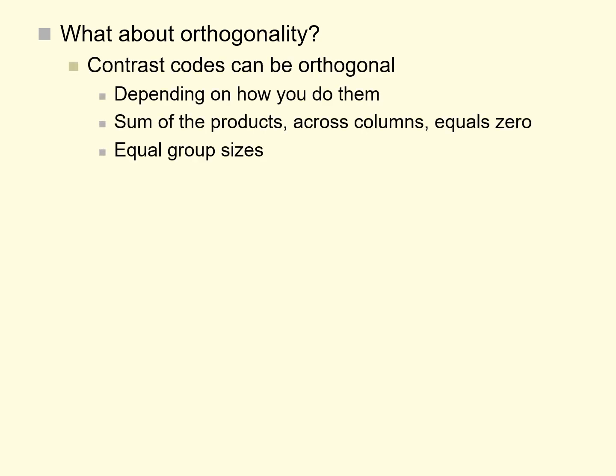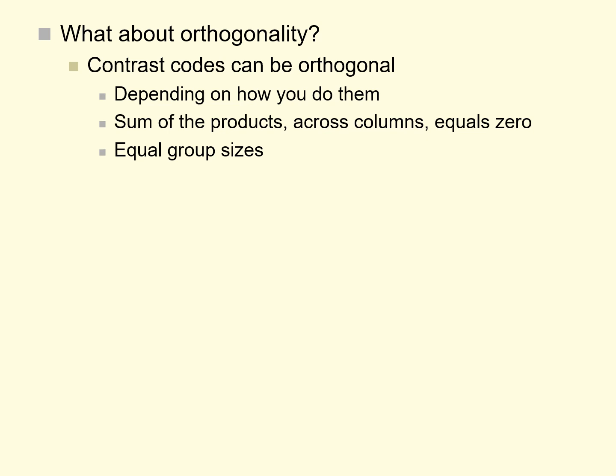So at this point, you might have this lingering question in your mind: what about orthogonality? Contrast codes can be orthogonal. It depends on how you do them. And if you want to check their orthogonality, you just take the little table or matrix you've created and sum the products across the columns.